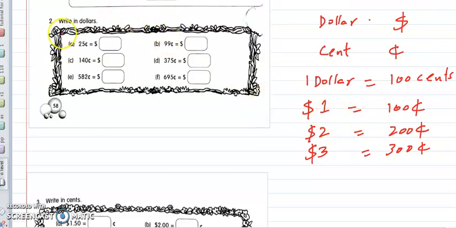For example, right now on your screen the question is saying write in dollars. Here we have 25 cents. Now the rule says that when you have to convert cent into dollar, you need to divide by 100, but at this level it is very difficult for you to divide with the 100.